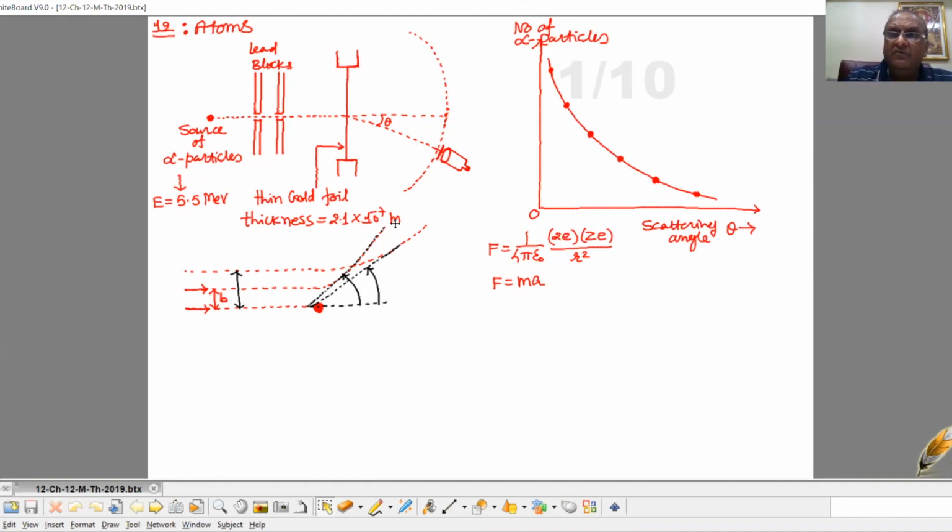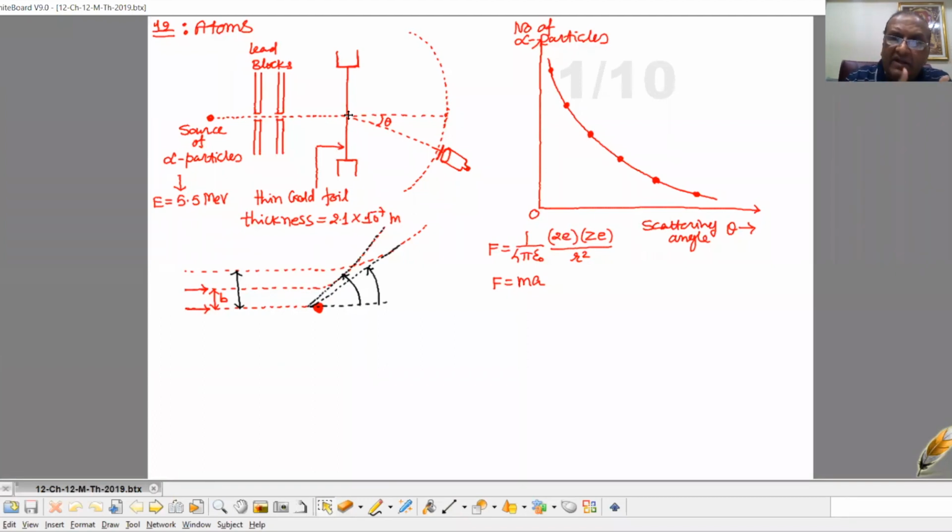and when a head-on collision takes place, it implies that when the alpha particle collides with the atom and rebounds, it scatters at approximately very close to 180 degree, then definitely it experiences a strong repulsive force.